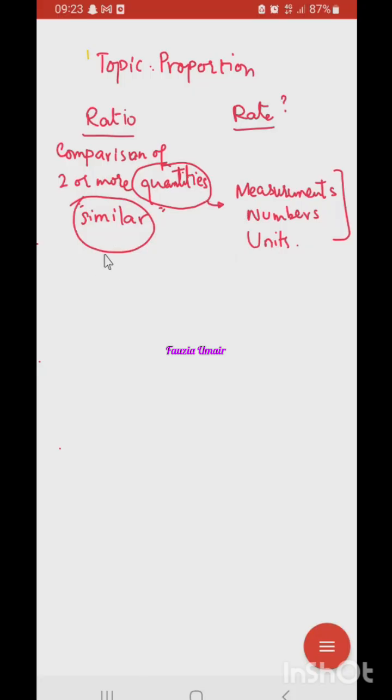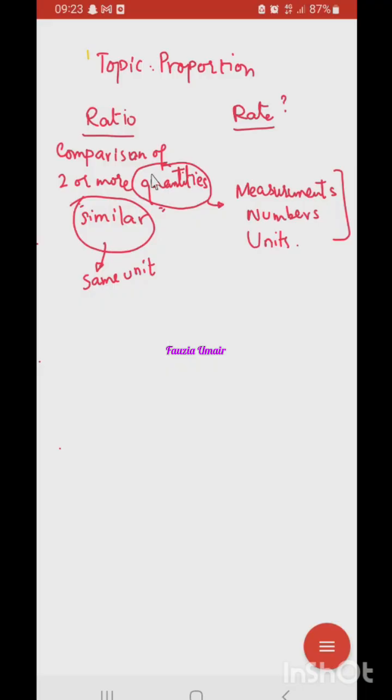Similar means quantities which can be represented in the same unit. If the quantities can be represented by the same unit, they are called similar quantities. If they cannot be represented by the same unit, they are called different quantities.